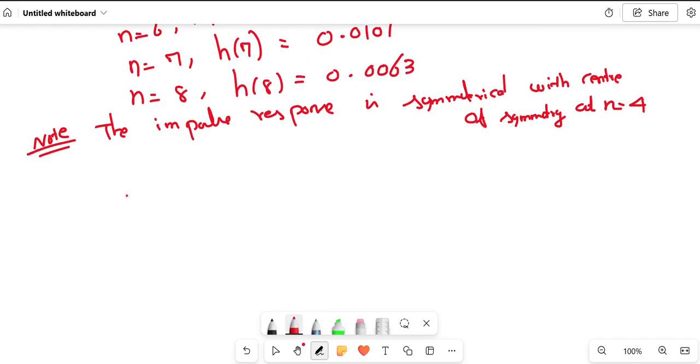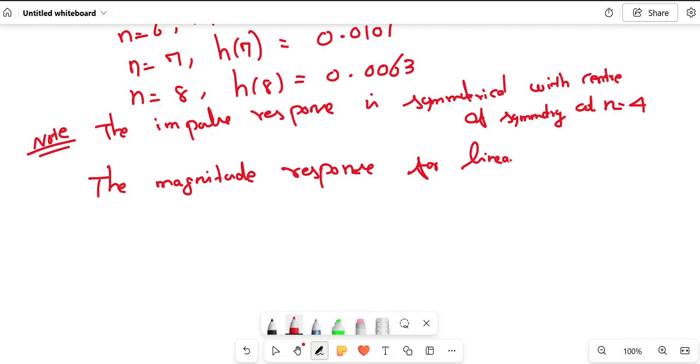So the magnitude response, now you can write the magnitude response for linear phase FIR filters, M is odd.